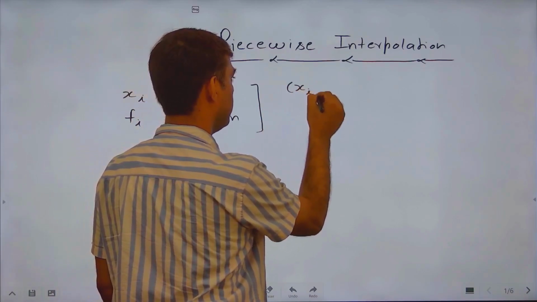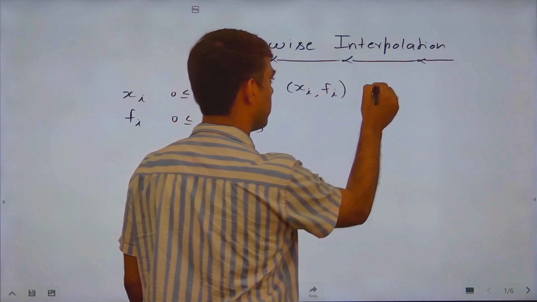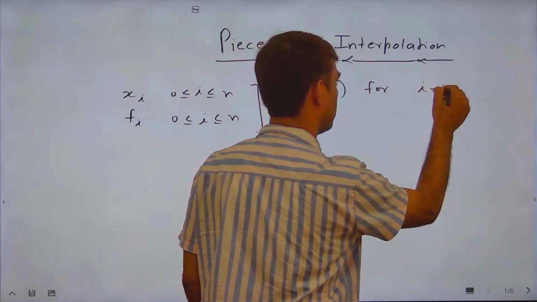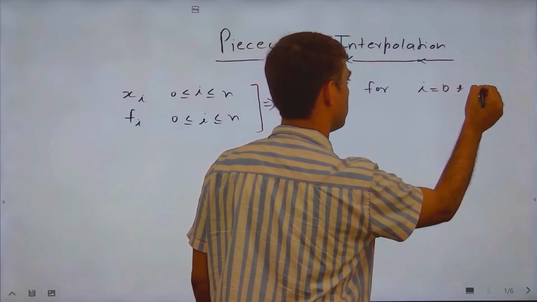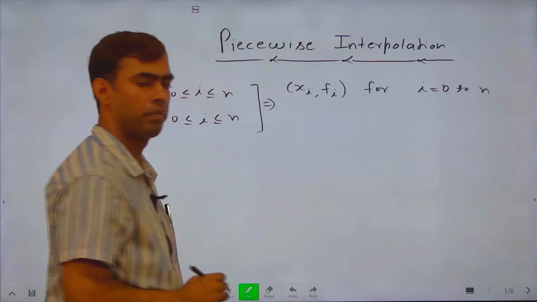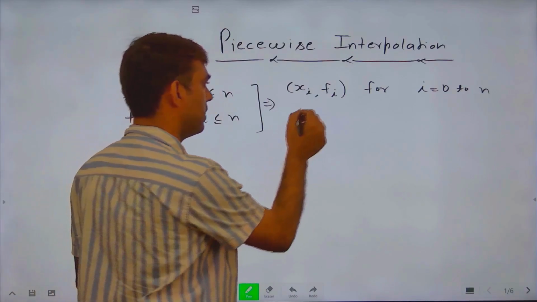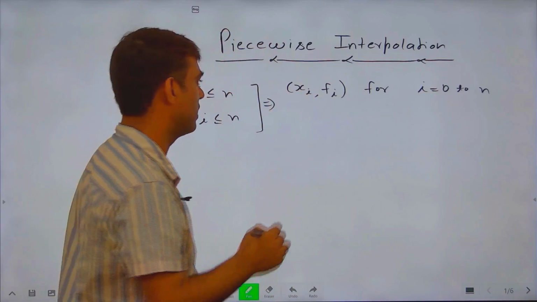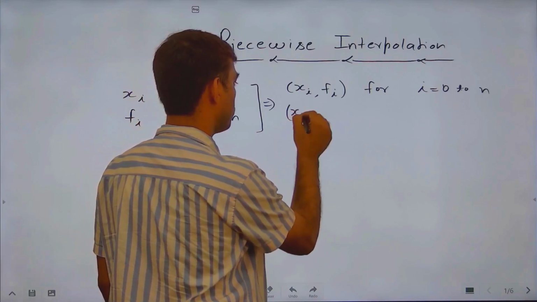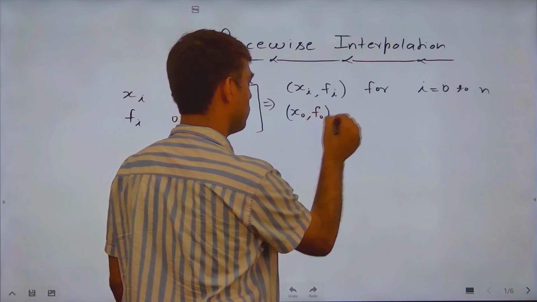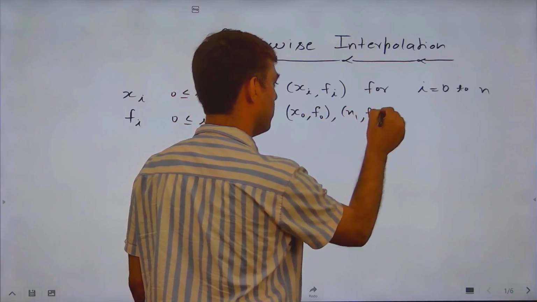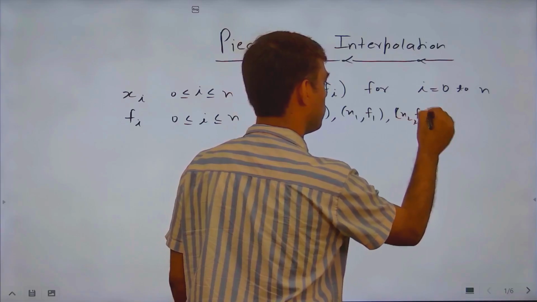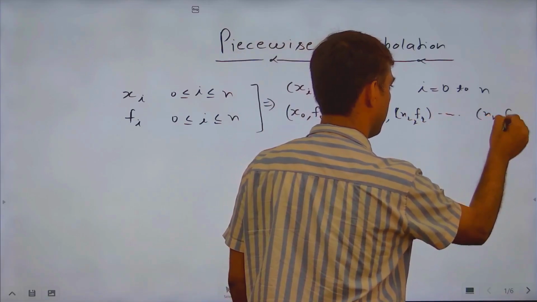In simplified form, we have data xi, fi for i equal to 0 to n. If we expand this, for i equal to 0, 1, 2, and so on, there are n plus 1 pairs of data: x0, f0, x1, f1, x2, f2, similarly xn, fn.